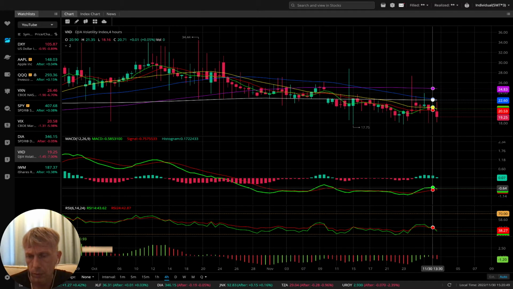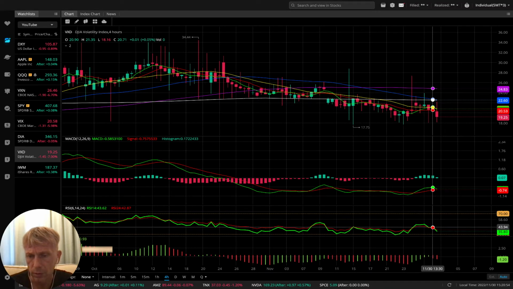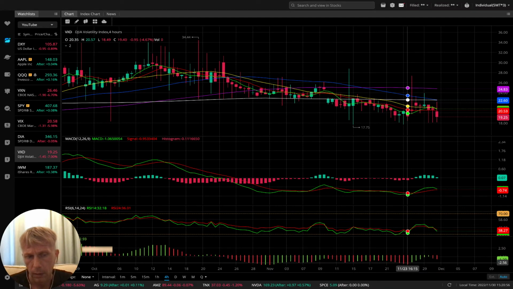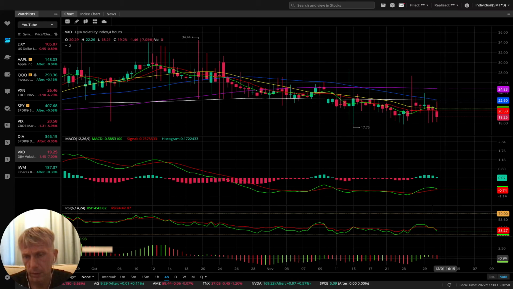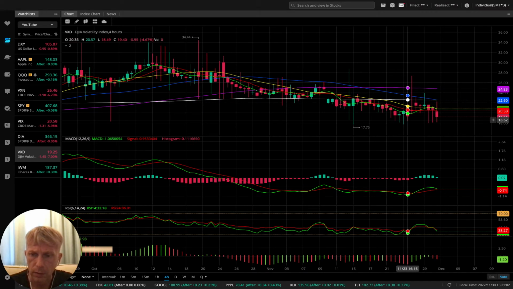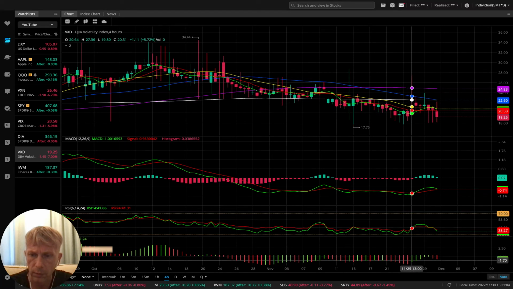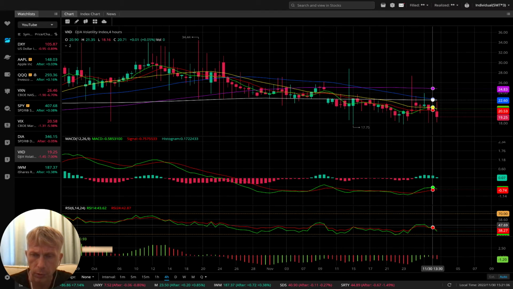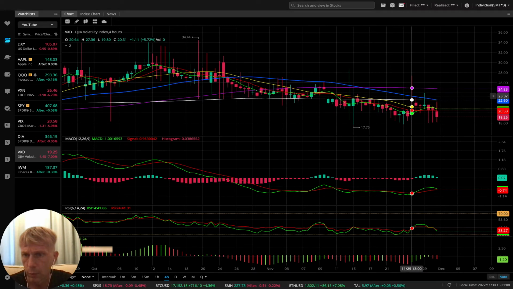4 hours. MACD wants to do a bearish crossover. Also, RSI already did a bearish crossover. Also, the oscillator is already bearish in red color. But still bullish divergences on all indicators, right? We are on the same level.